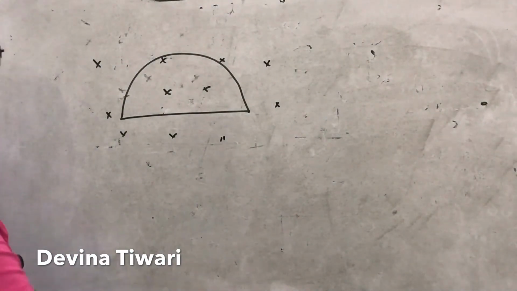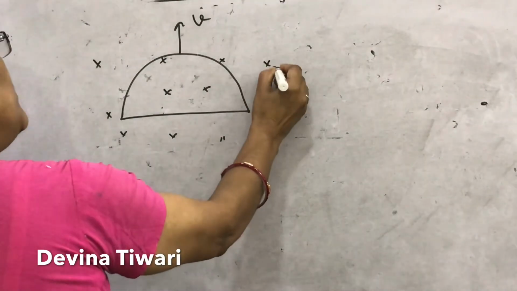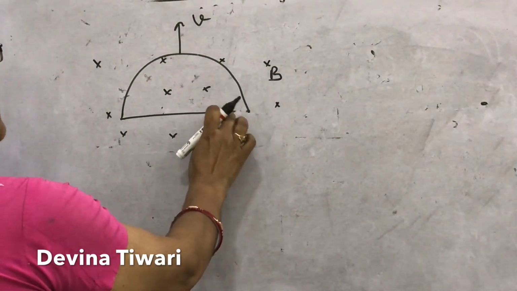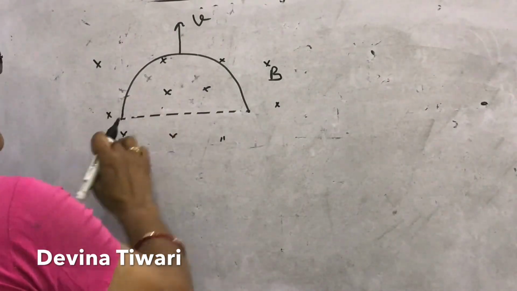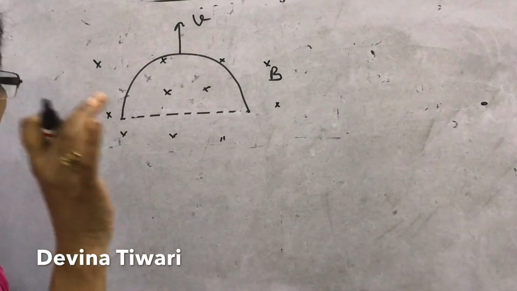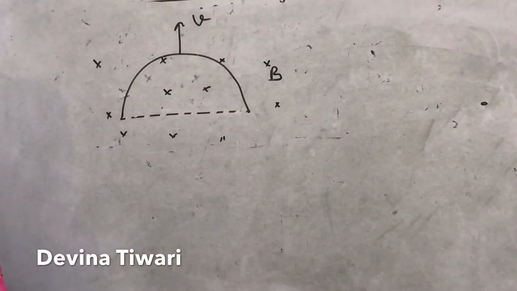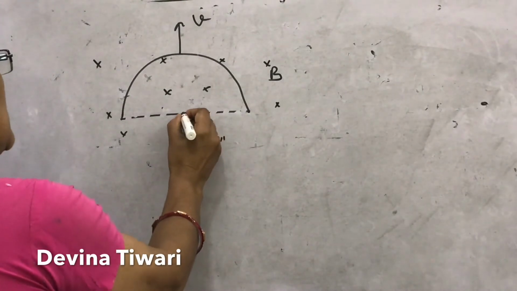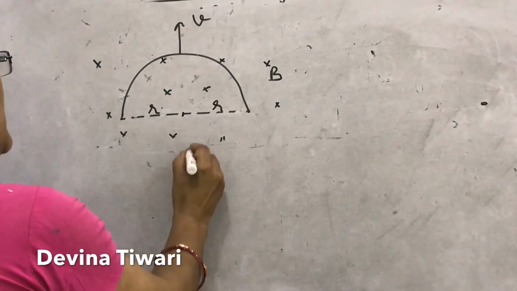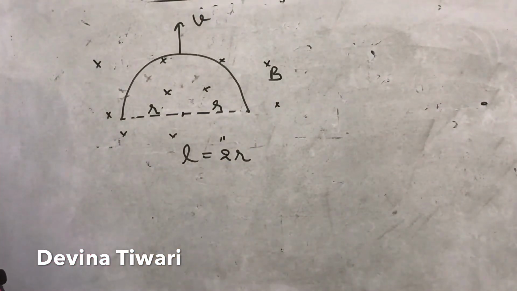This rod moves with the velocity V in the uniform magnetic field B. What you have to assume here is that this rod is of semicircular shape, but you have to take the length of the rod as its diameter. Suppose this is the distance r, then what will be the length of the rod? You will write length equal to 2r.